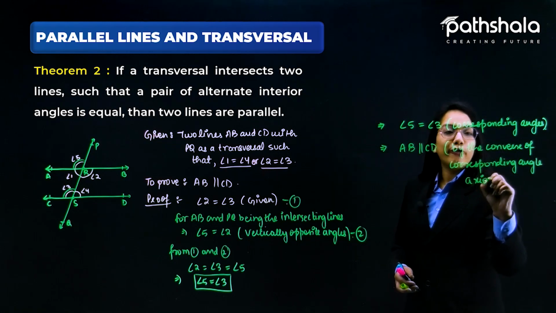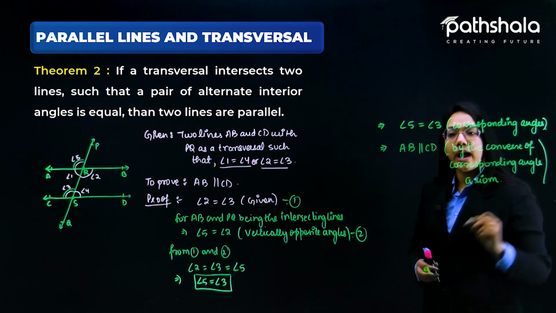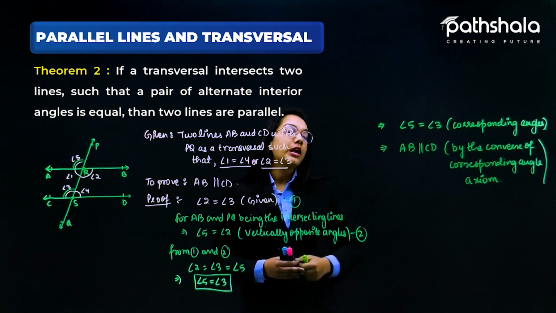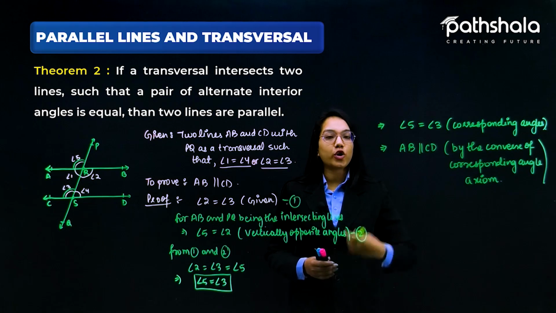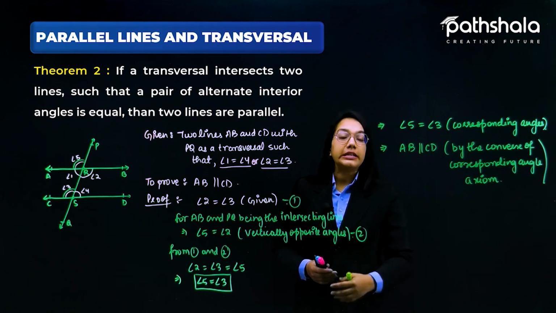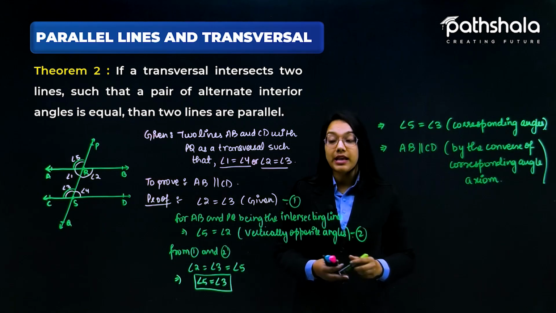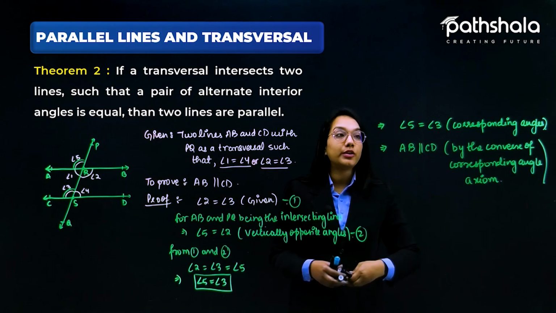We know from the converse of the corresponding angle axiom that if in a transversal a pair of corresponding angles is equal, then the two lines are parallel to each other. So AB is parallel to CD.